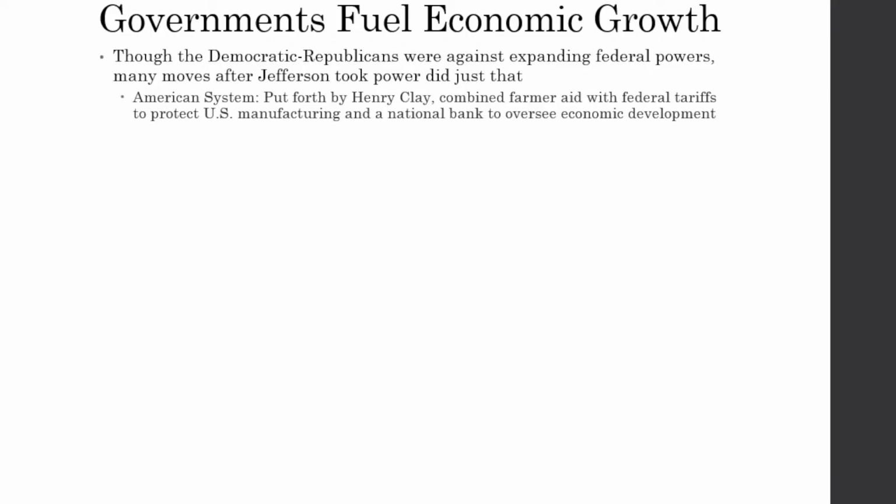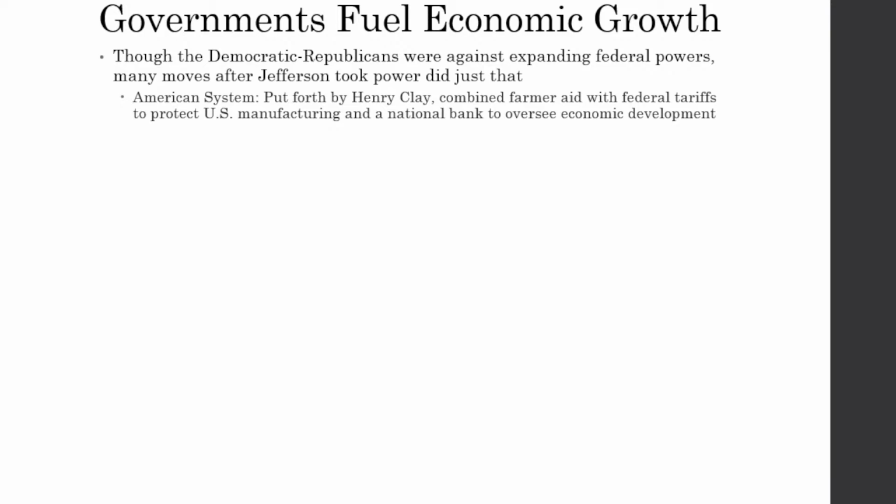This is a whole bunch of economic crap. So again, not something I'm well versed on, but it's a lot of federal involvement in the economy and the people. So it's something that the Democratic Republicans normally wouldn't have agreed to. They didn't even want a national bank at all to begin with.